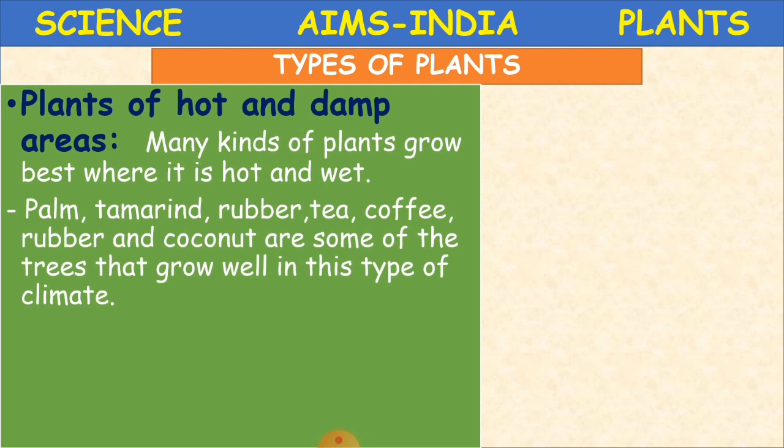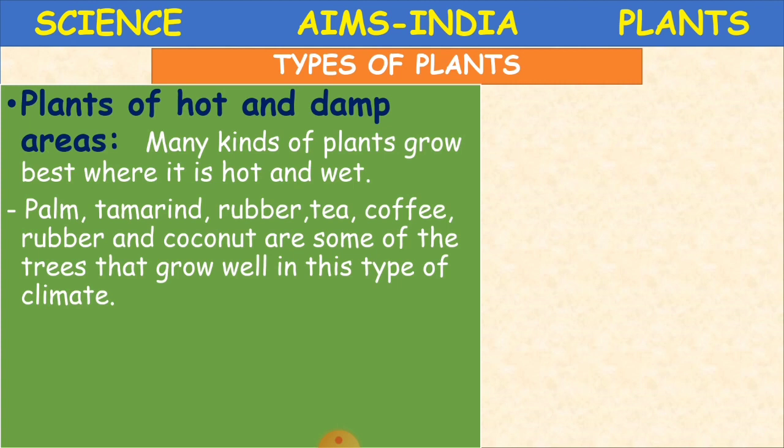Many kinds of plants grow best where it is hot and wet. For some plants this type of climate is very suitable. What are they? Palm, tamarind, rubber, tea, coffee and coconut.